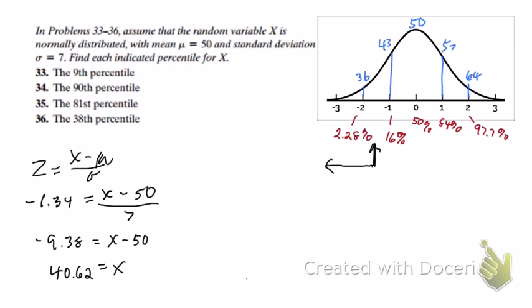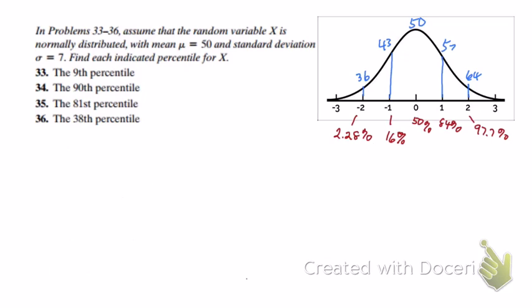So problem 35 is saying, what value of x would put you at the 81st percentile? Let me erase some of this stuff. So now we're looking at the 81st percentile. Well, 84 is actually 1 standard deviation out, so the 81st percentile would be right in here someplace.